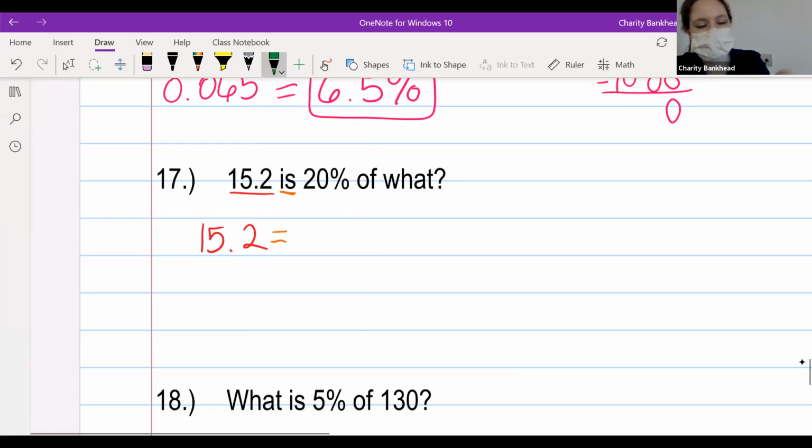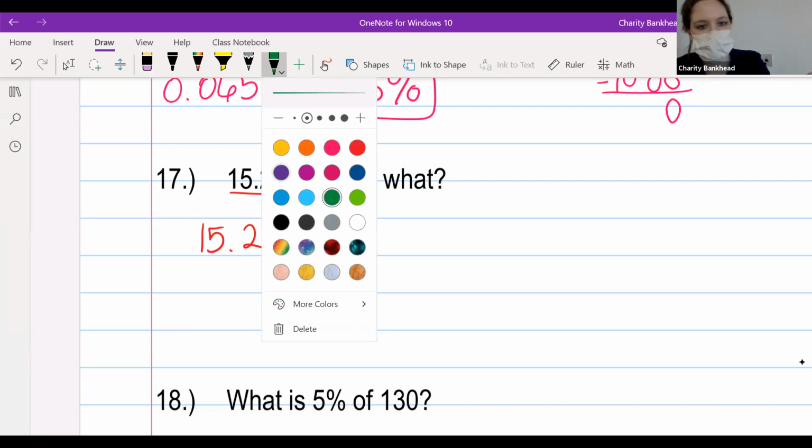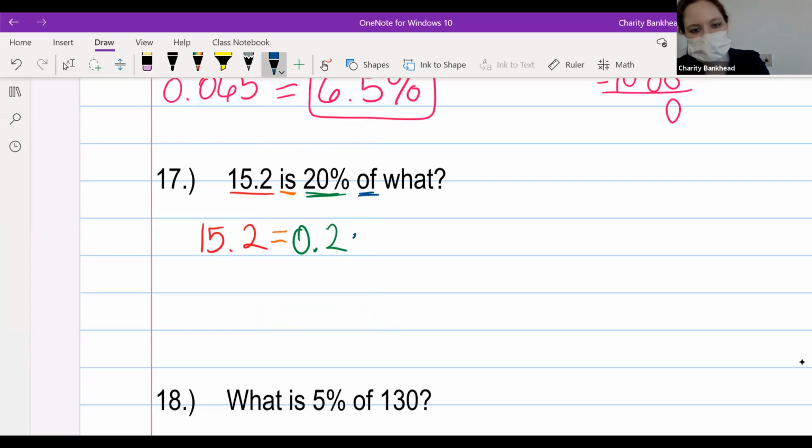And then 20%. So again, I'll go ahead and change that to a decimal, which would be 0.2. Of means times. And then when it says what, we put X there. So 15.2 equals 0.2 times X.